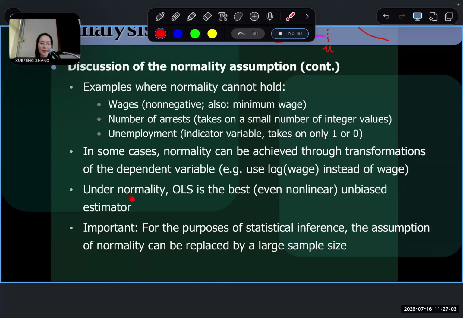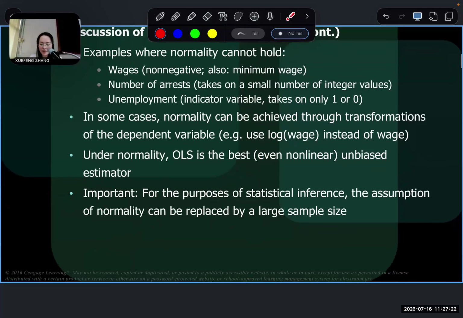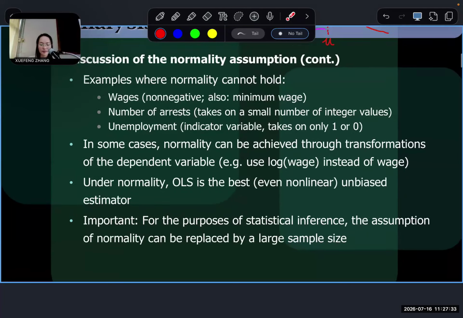Why do we care? Because if mu is normal, OLS is BLUE, the best unbiased linear estimator, even better than nonlinear alternatives. Most important point on this slide: for inference, t-tests and confidence intervals, we don't need normality if the sample is large.